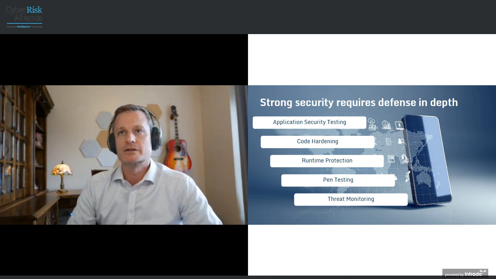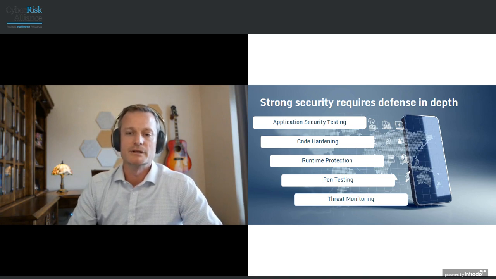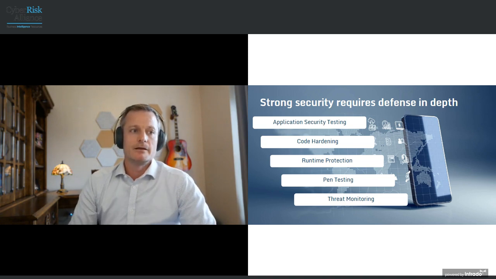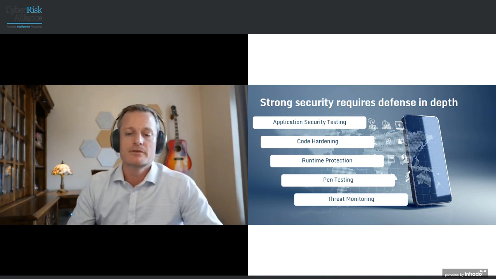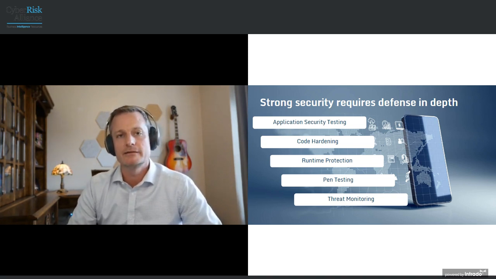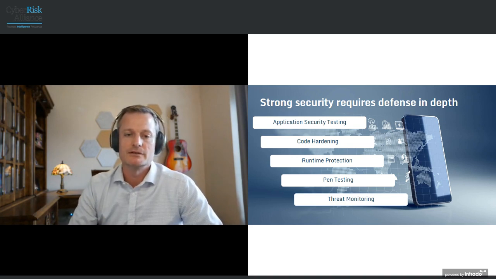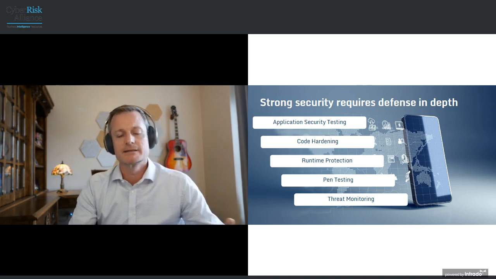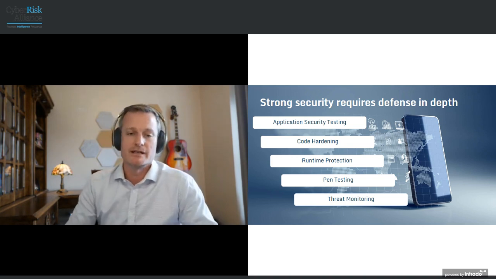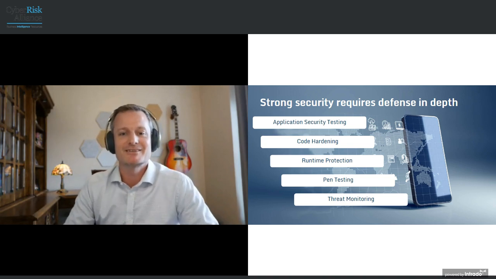For us at GuardSquare, we've been really trying to build out more and more capabilities to take what's known as a defense in depth approach to mobile security. We don't think that there is a silver bullet, a single technique or strategy or solution to mobile application security. We think it's a layered approach. In fact, it's layers of layers, so to speak.